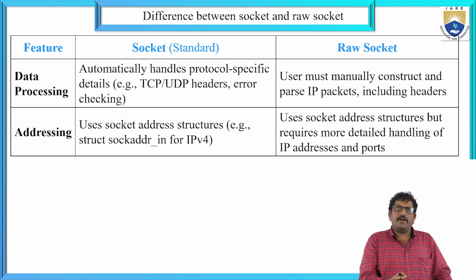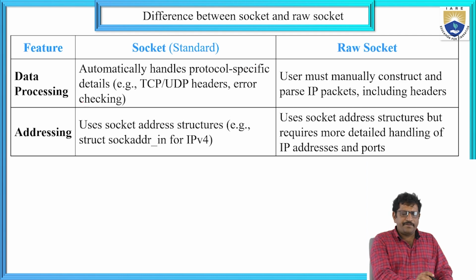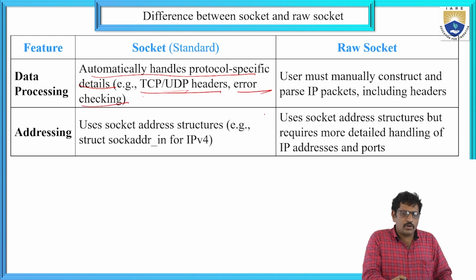In terms of data processing, standard sockets automatically handle the protocol specific details, such as TCP, UDP headers and error checking. These are all the protocol data pre-processing. In raw sockets, the user must manually construct and parse the IP packets, including the header.